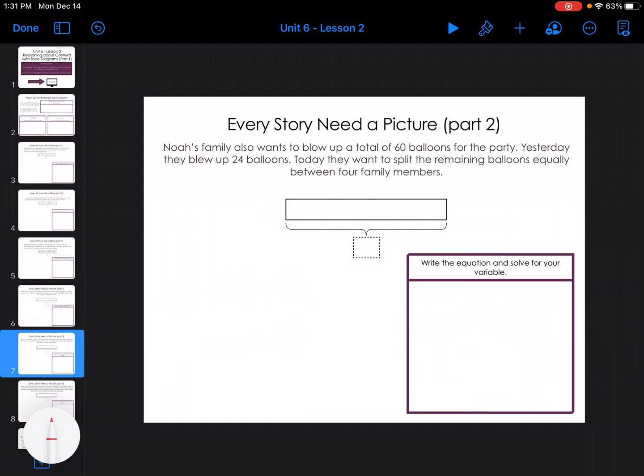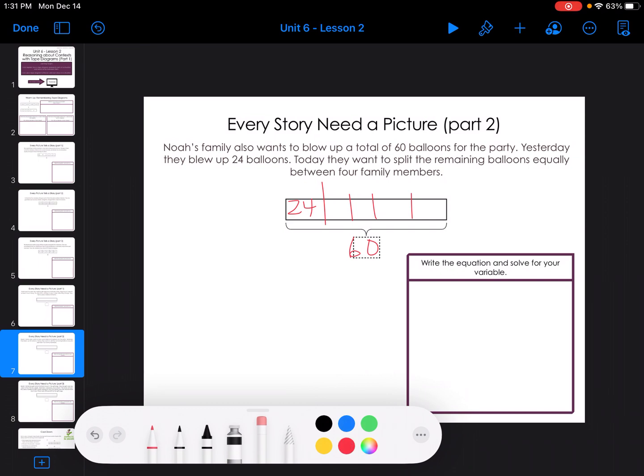All right, for the next one, Nora's family also wanted to blow up a total of 60 balloons. So the total goes down here. Yesterday they blew up 24 balloons. And today they want to split the remaining balloons equally among 4 family members. So that's 1, 2. I need to make that look more equal.